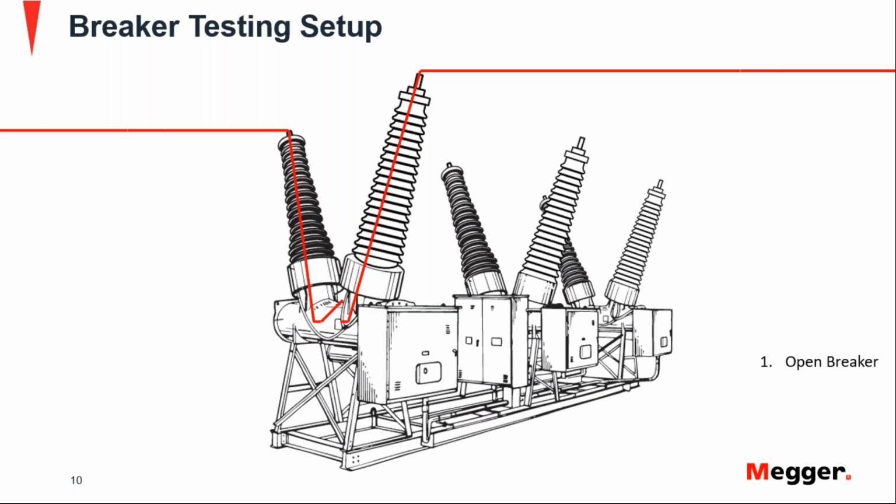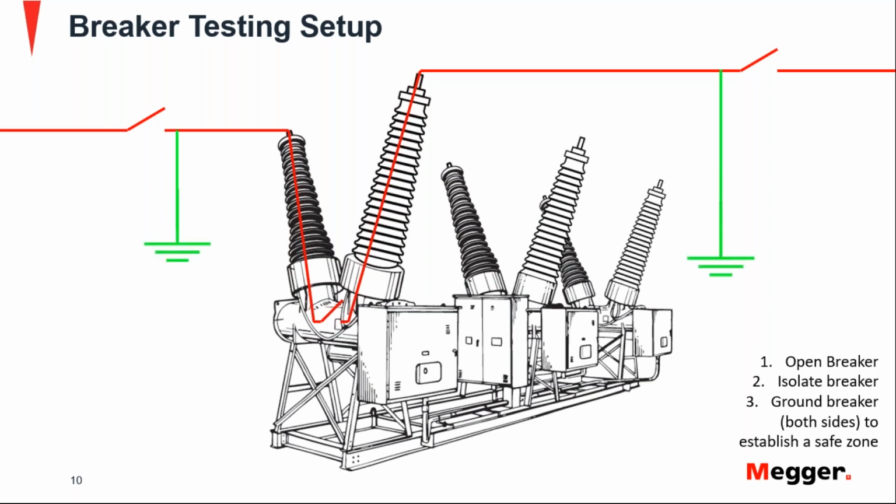So first thing, you open the breaker. Second thing, the breaker has to be isolated. If the breaker is in the surroundings of overhead lines next to other breakers, there's going to be a lot of induction, magnetic coupling and capacitive coupling, so the breaker has to be isolated to create a safe zone, and then grounded on both ends.